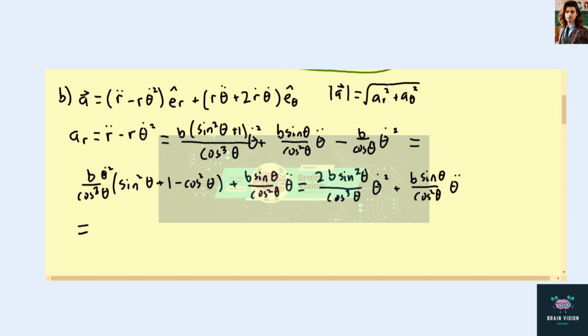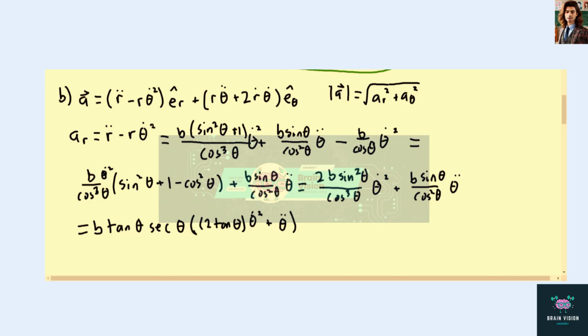So we'll factor out a tangent and a secant. So b tangent theta secant theta, and so that leaves us with 2 tangent theta theta dot squared plus theta double dot.